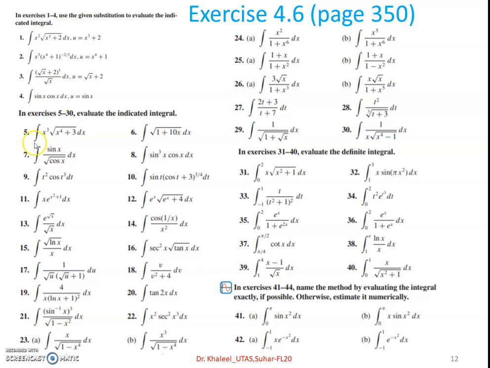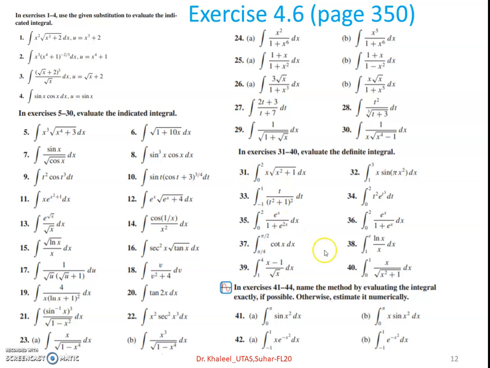In question number 5 to 30, no substitution is given. You need to do the substitution and find the integration. And 1 to 30 are indefinite integrals. Don't forget to write plus c at the end of the answer.